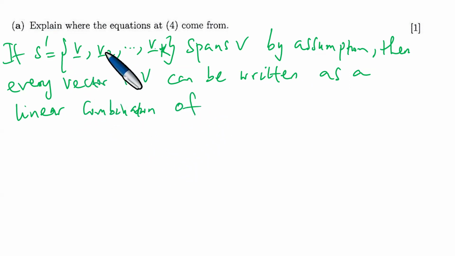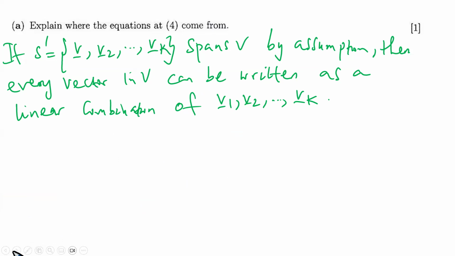As a linear combination of these V's, the elements, which are V1, V2, up to Vk. This is where the equations are coming from.